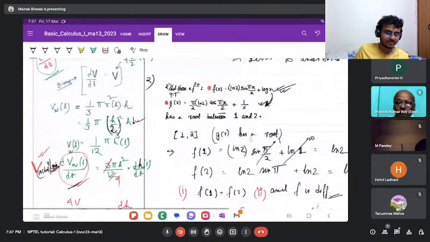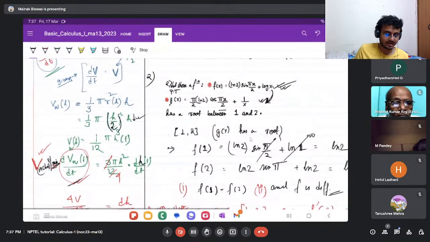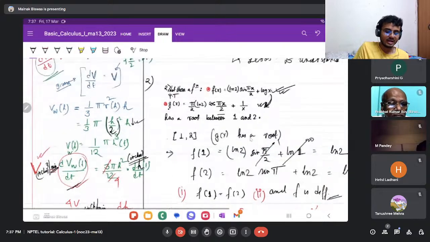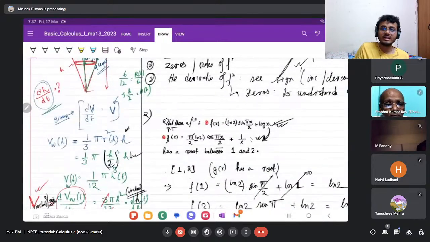So if this can have any unit of our choice, I choose inches. For example, if I choose height as inches, I will have this as inch per minute. I haven't specified inches or feet when I'm doing volume or dV/dt, right? I can always have any unit of our choice. This is my idea.